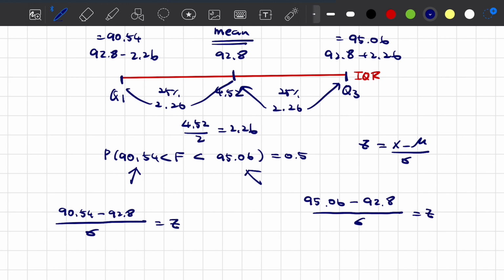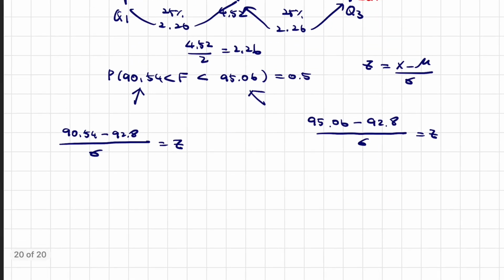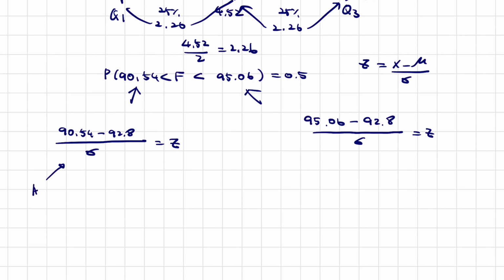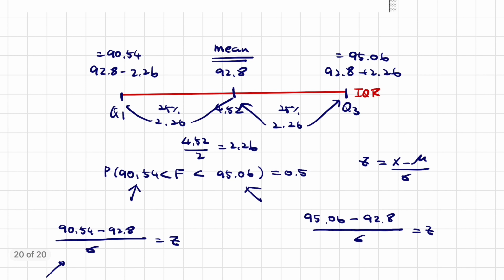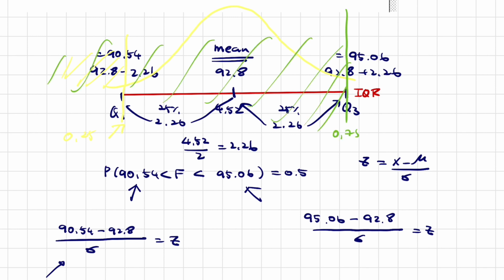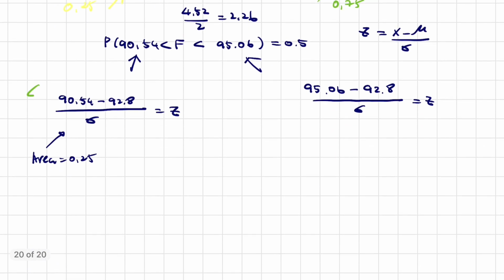And we know that for the first case, area is about 0.25, right? When you think about this as a normally distributed graph, up to here, the Q1 value is 0.25, from the concept of the IQR. And for the Q3, we know that up to this part, the area is about 0.75. So for the first part here, the area is 0.25.